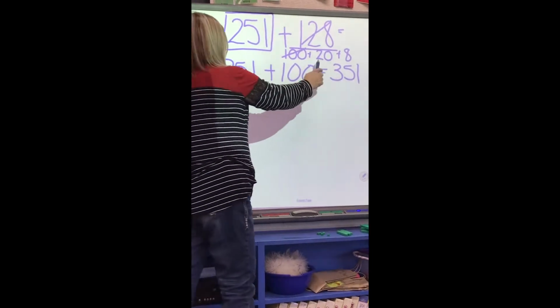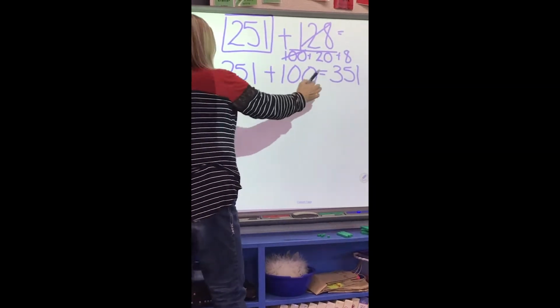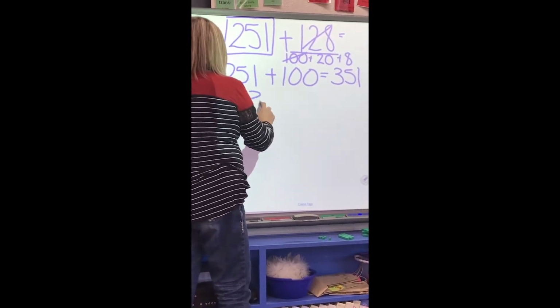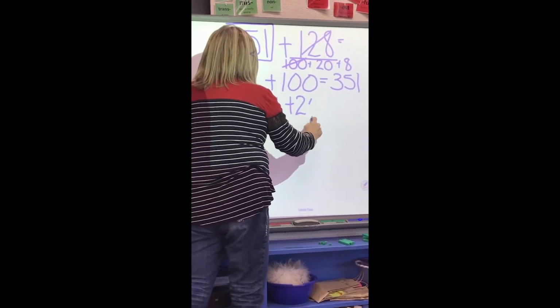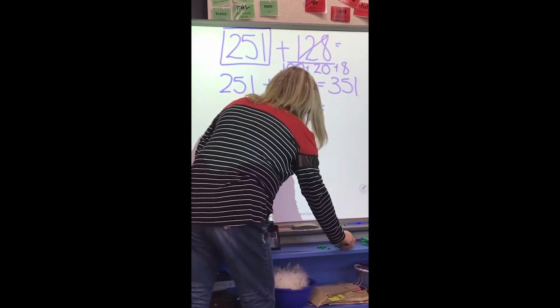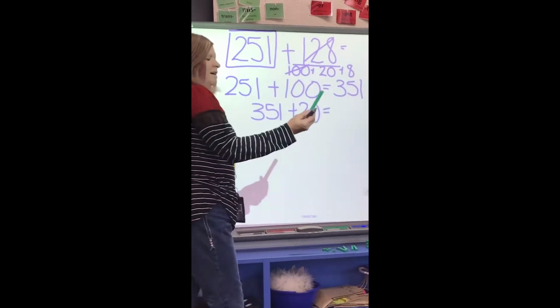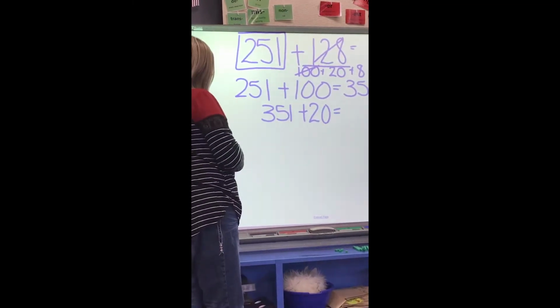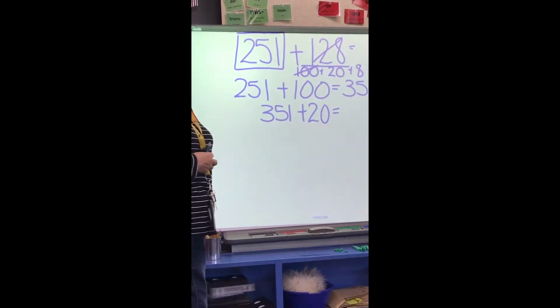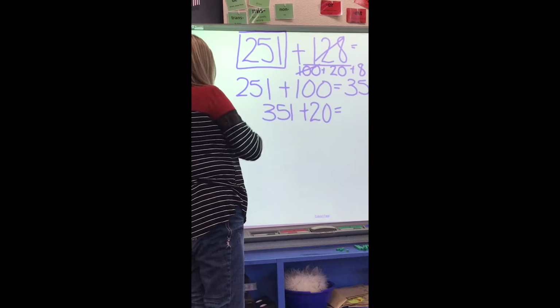And I know now all I have to do is add 20. So I bring this number down, 351 plus 20. And now kids know that I am just talking about the 10 rods. And so the number that's going to change is the number in the tens position, which is the 50.